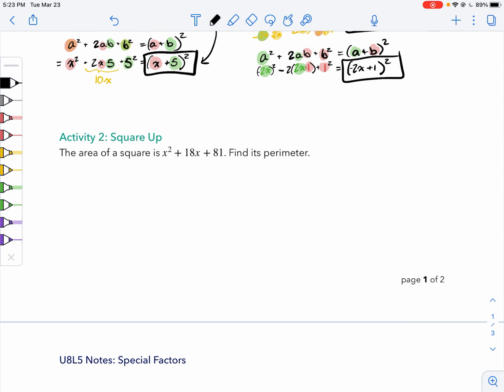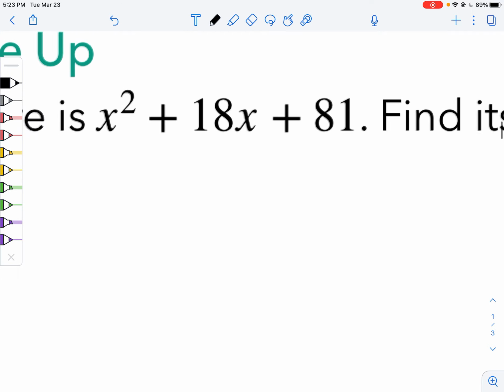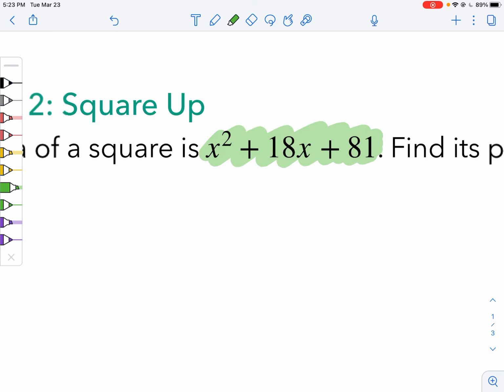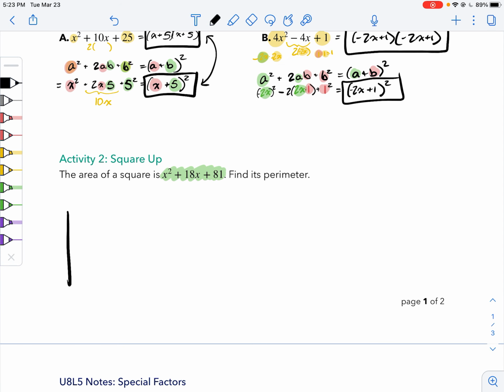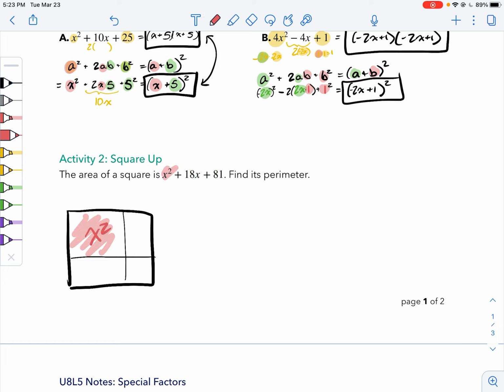Cool. Well, let's say you have a square whose area is equal to this, and you need to figure out what its perimeter is. Well, you need to figure out what the sides of the square are. So you can go through and figure out, okay, how am I going to get this to x squared plus 18x plus 81, and fill it in here.